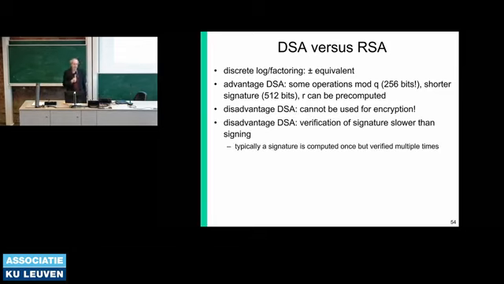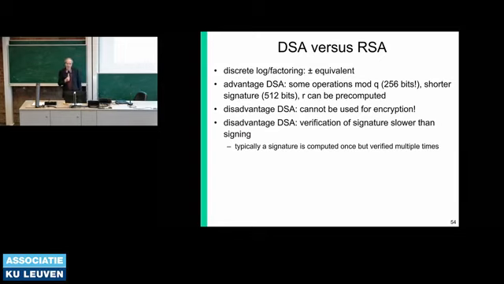And people like RSA a lot, and we will miss it dearly once it disappears for post-quantum algorithms, because in RSA, verification is raising to the power 3. This is a cubing, a very simple operation, just a squaring and a multiply. While if you look at the DSA equations, you see that you need several full exponentiations. So in DSA, verifying is more expensive than signing.